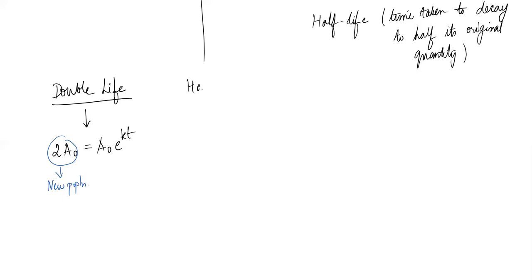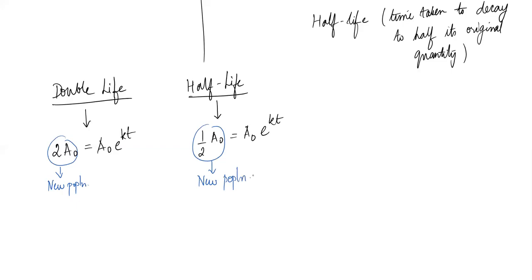And when we talk about half-life, that will be half of the original population. That is your new population. So your equations will be set up like this. Remember, the players are still the same, but the way you set them up has changed.